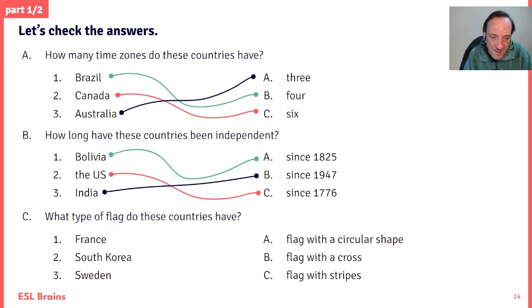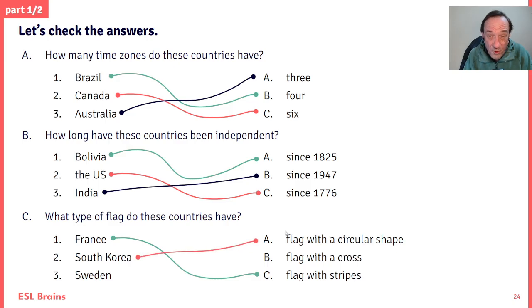What type of flag do these countries have? France, South Korea, Sweden. Well, I lived in South Korea, so I know what their flag is like, and I know the French flag. Yeah, someone from France is French. Sweden, I'm not really sure. Yellow and blue or something. France is stripes. South Korea has that circle.